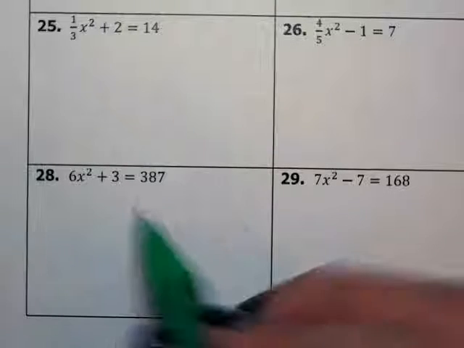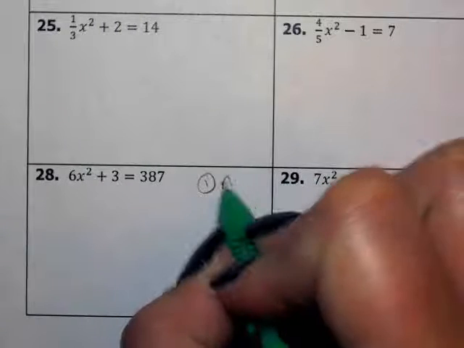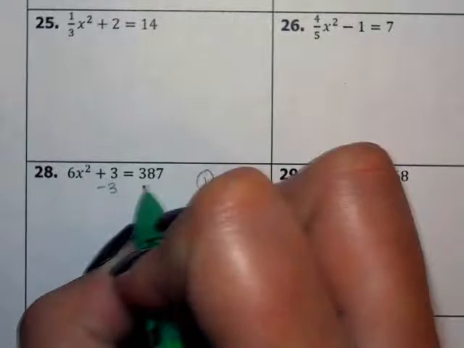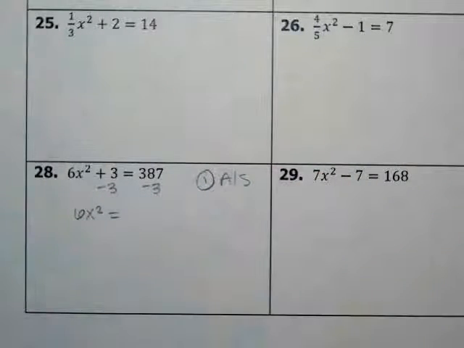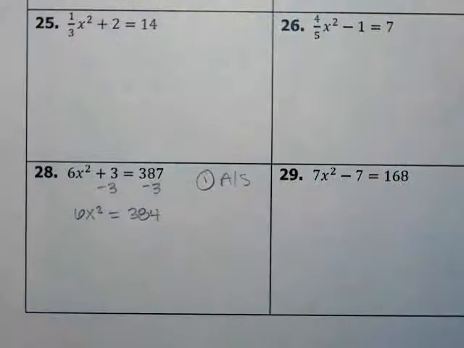Is there something we could add or subtract over to the other side? Yes. What do we do? Minus 3. Okay. Is there something we could multiply or divide over to the other side?